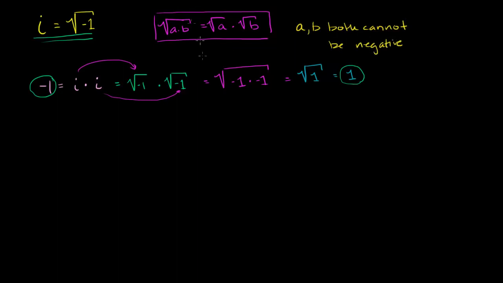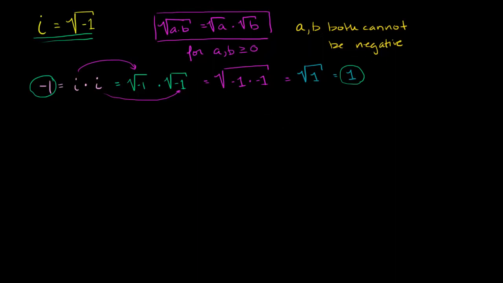In fact, normally when this property is given, sometimes in the footnotes, or you might not even notice it because it's not relevant when you're learning it the first time, they'll usually give a little bit of a constraint there. They'll usually say for a and b greater than or equal to 0. This is true for a and b greater than or equal to 0. And in particular, it's false if they are both negative.